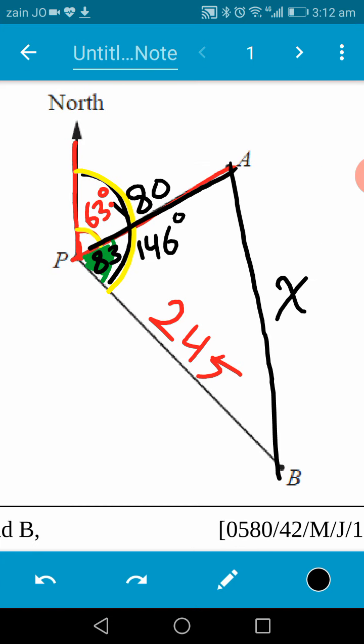Now take this black triangle. You have this side 180, this side 245, and the 83 is the included angle.